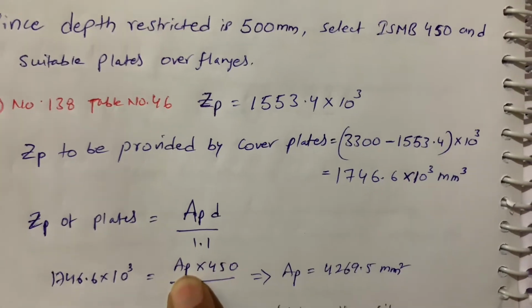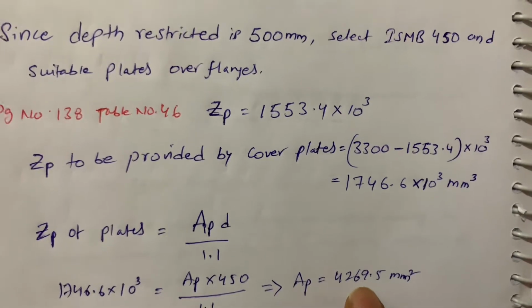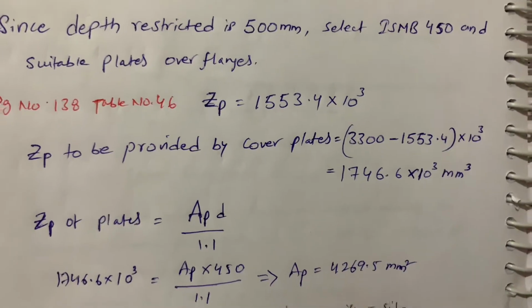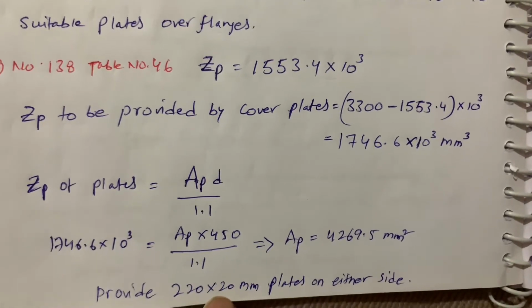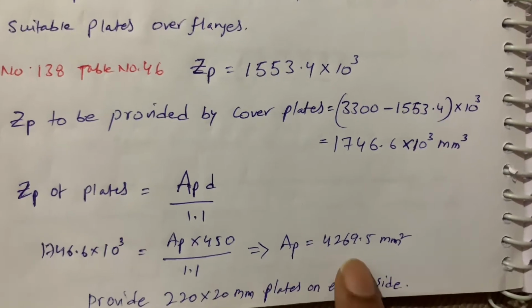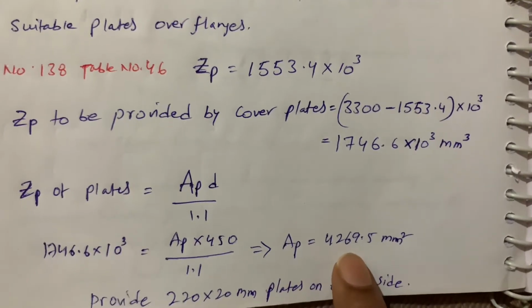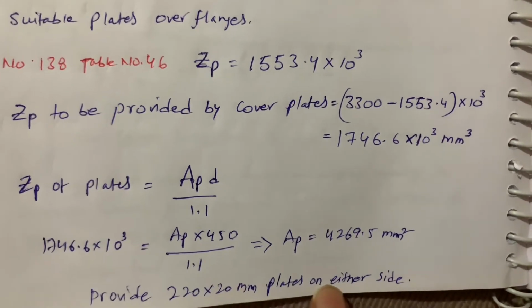Here we are going to calculate the area. So the area of the plates is 4269.5 mm square. So for this, I am providing 220 into 20 mm plates on either side. By multiplying this, we will get near to this value. Okay, that's why I am providing 220 into 20 mm plates on either side.